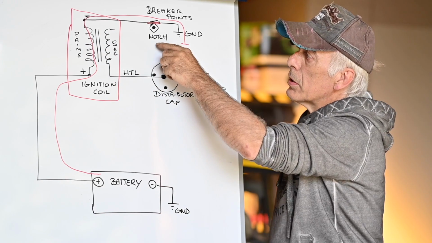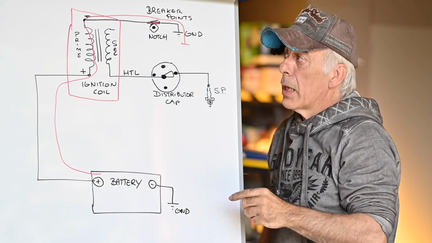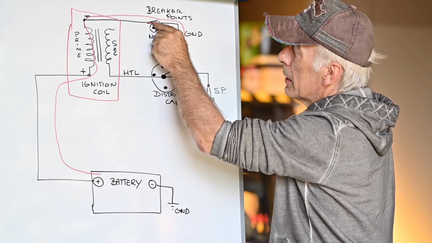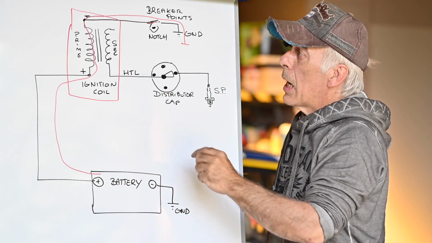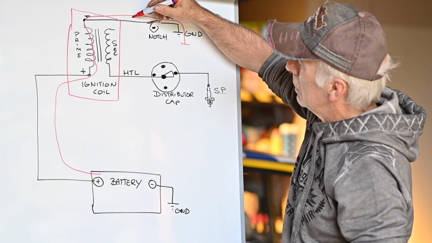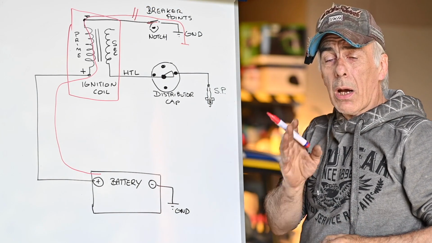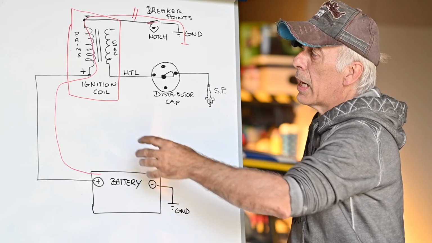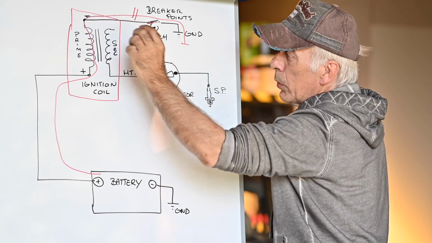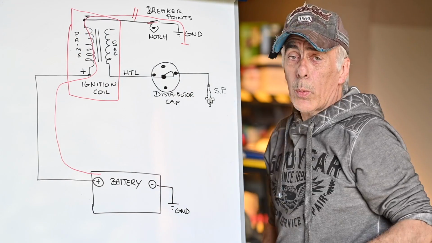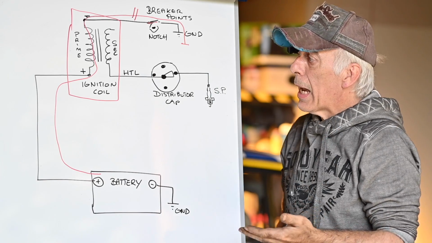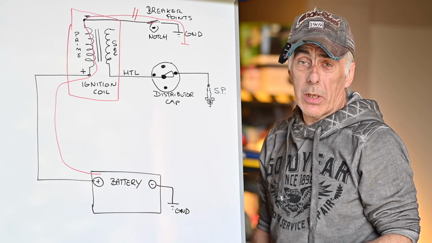Now, once the notch starts to turn, it's going to lift that contact, and the contact will open up. And when the contact is opened up, the current flow is broken. It's stopped. And that causes an induction inside the high tension coil. The secondary winding will get an induction and will cause a high voltage to be produced.